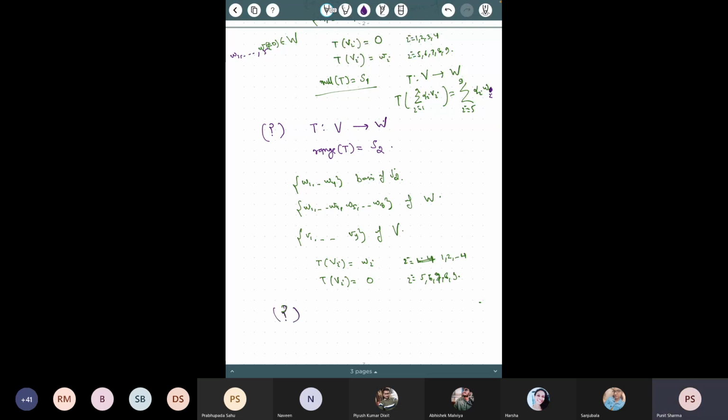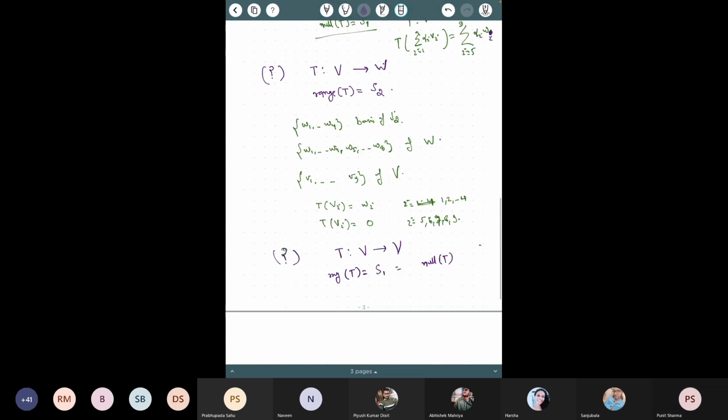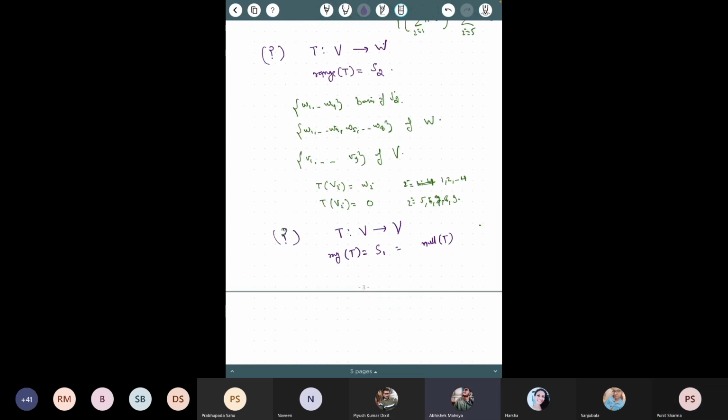Let's say we have just a vector space V of dimension 9, and we need to define a linear transformation T from V to V such that the range of T is equal to S1 and the null space of T is also equal to S1. First of all, you tell me whether such a map exists or not. Such a map doesn't exist.